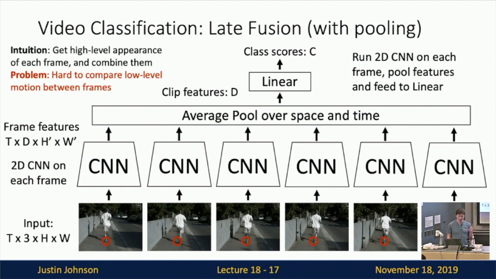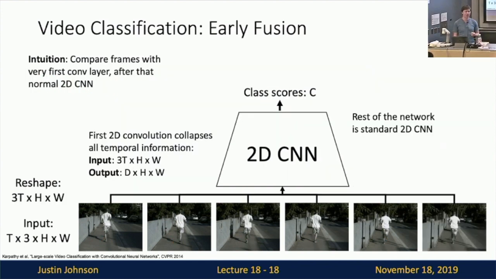Given that this is called late fusion, you should anticipate that the proposed solution would be early fusion. With late fusion, we were performing independent processing on all of the video frames and then fusing the temporal information at the end of the architecture. Well, we can actually do the opposite, which is to fuse all of the temporal information at the very beginning of the architecture, in the very first layer of the CNN.